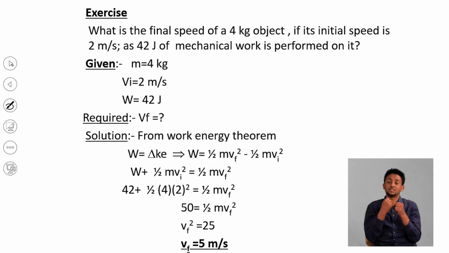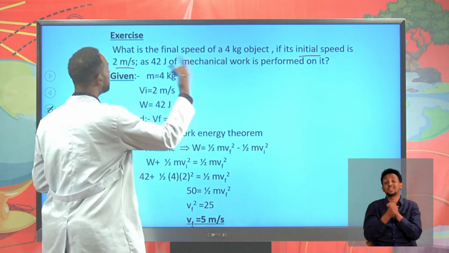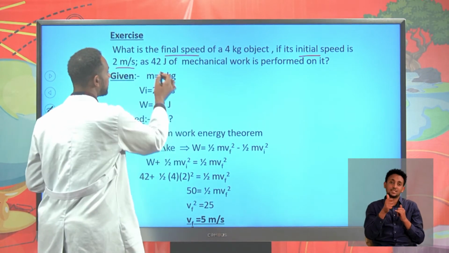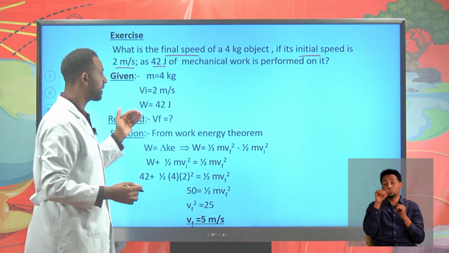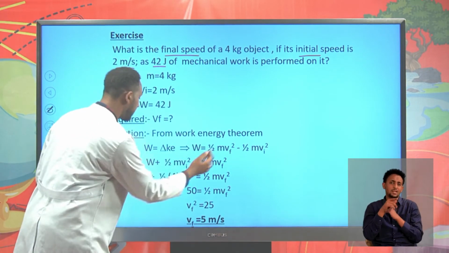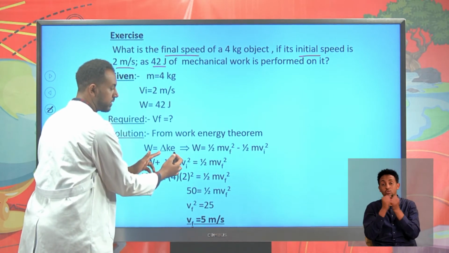We know that work is equal to 1/2 m v final squared minus 1/2 m v initial squared. We are trying to determine the final speed of the particle, as there are 42 joule of mechanical work applied on that object. Work energy theorem states that work is equal to the change of kinetic energy.